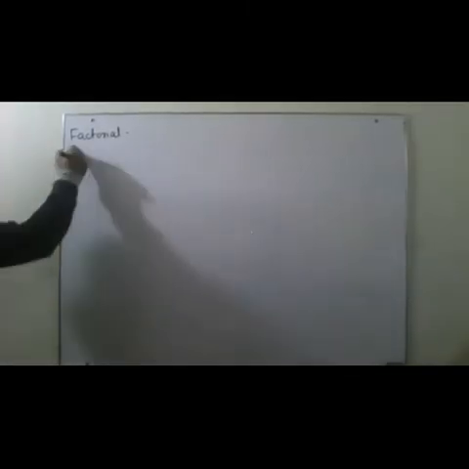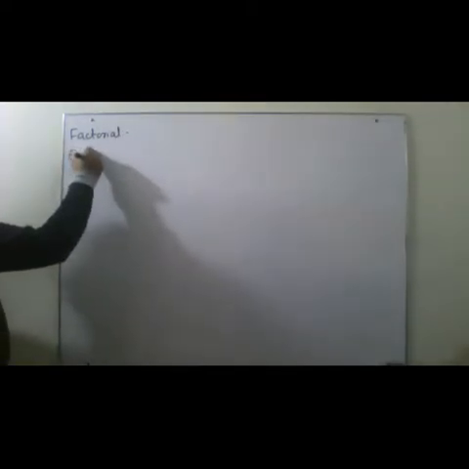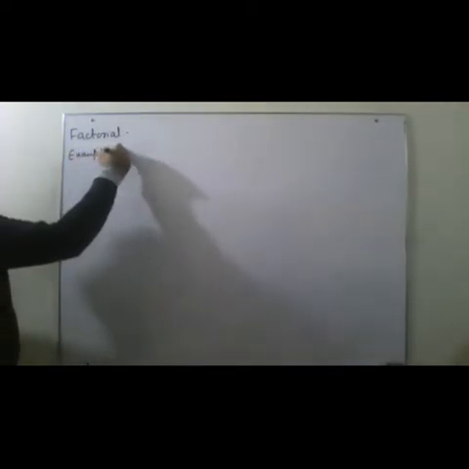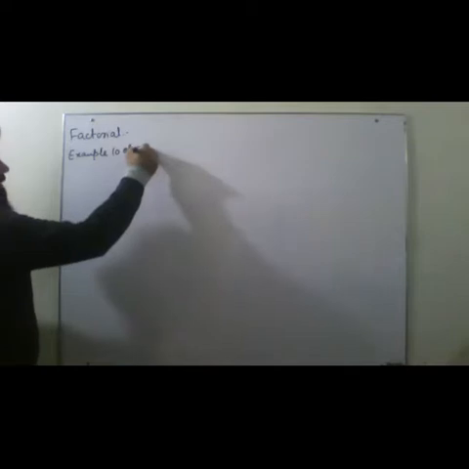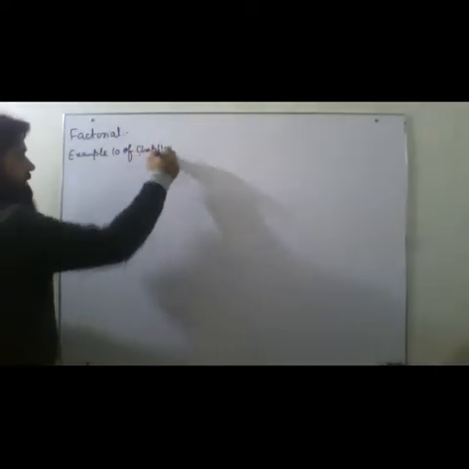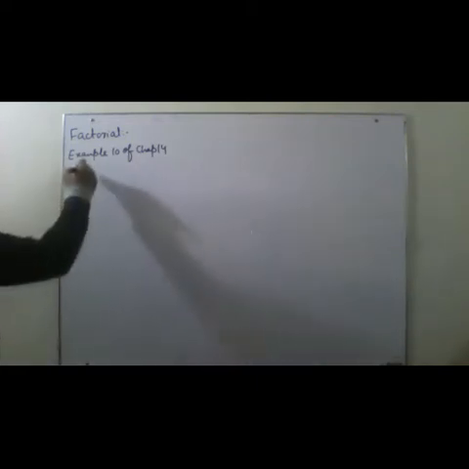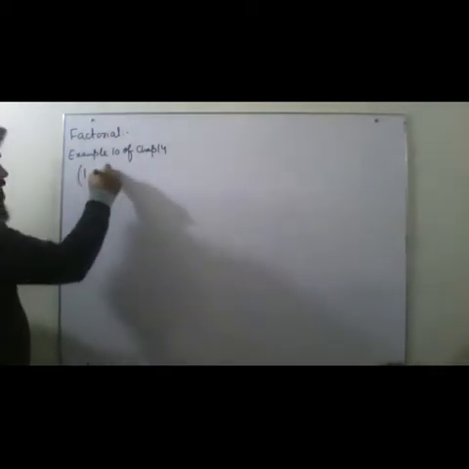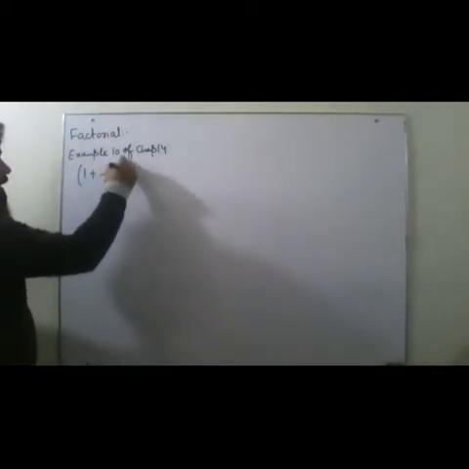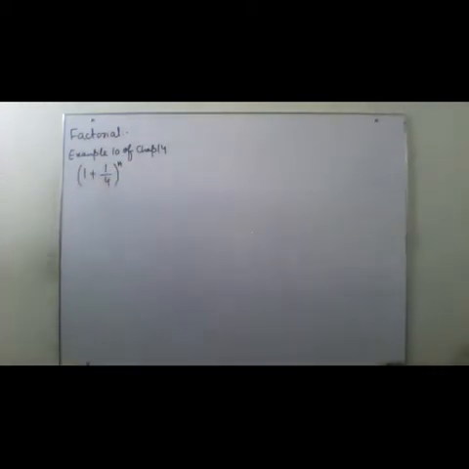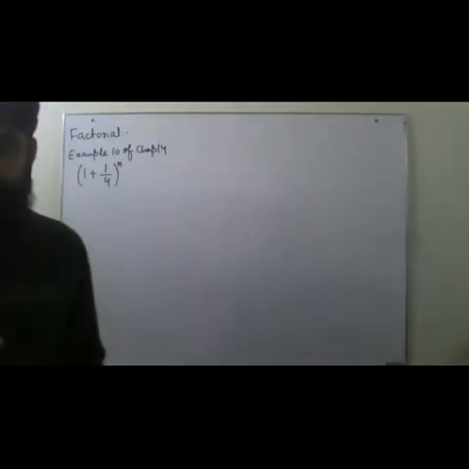Now, example number 10 of chapter number 14. The example says that n into 1 plus 1 over 4 whole power n. This is a bracket given to us, which I have to expand.